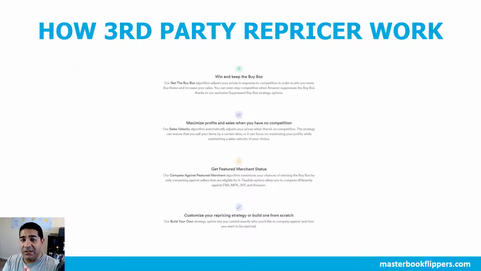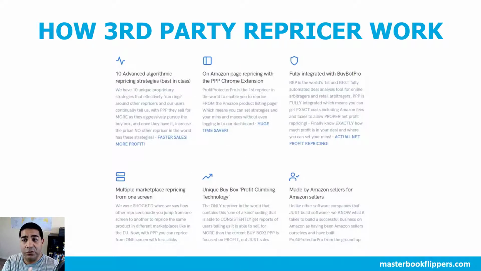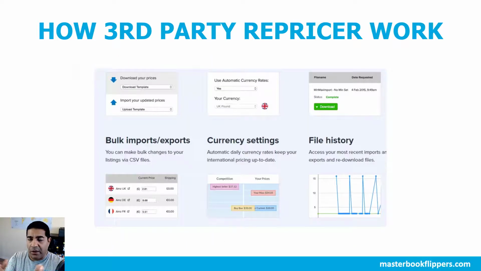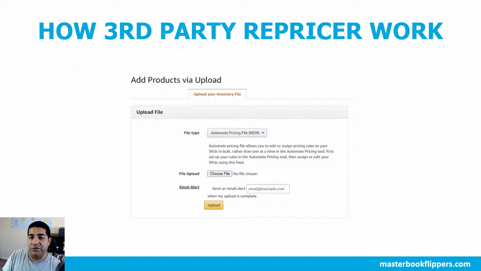There are lots and lots of different tools out there and different methodologies, but that's essentially how they work, right? It really starts with setting the minimum, setting the maximum, then setting up the rule, uploading your inventory to them or putting it in manually, and then having the repricer tool work for you, okay?